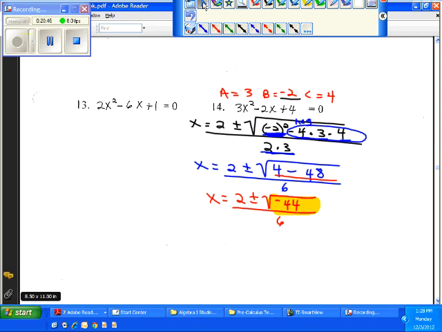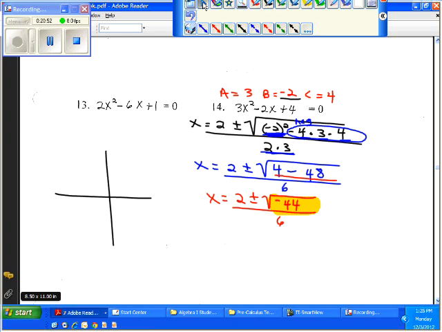Now, if it's irrational and imaginary, then what's it going to look like on the graph? Well, what if it was real roots? You would see where it hit the x-axis. That's if it had two real roots, rational or irrational.